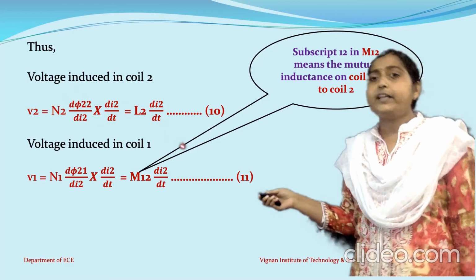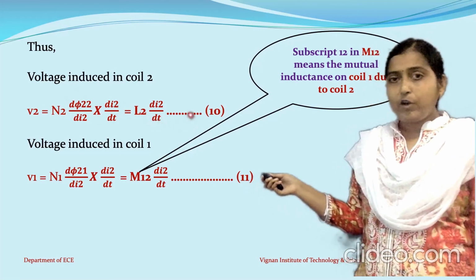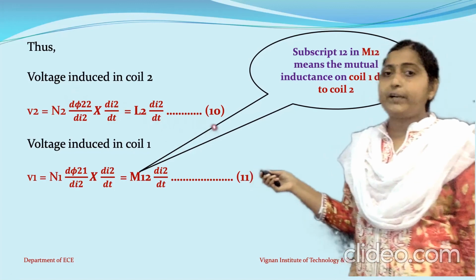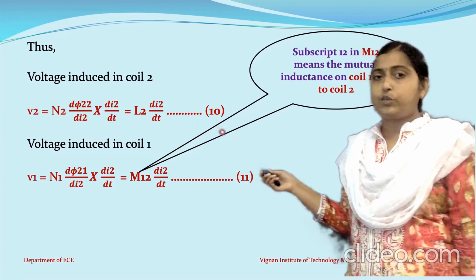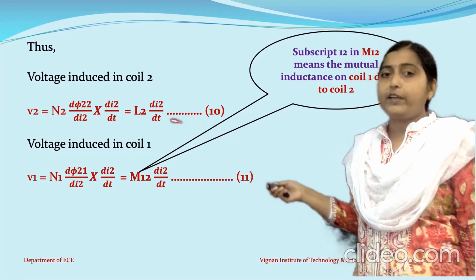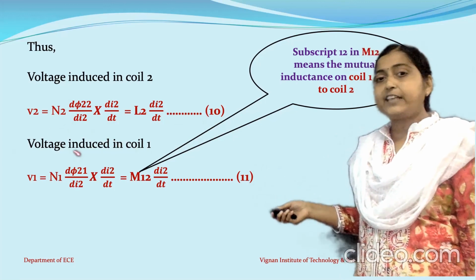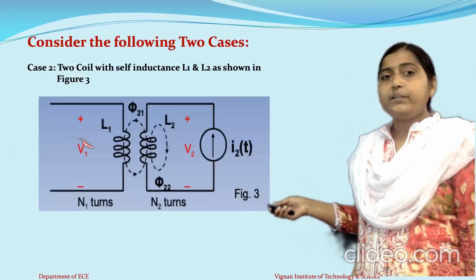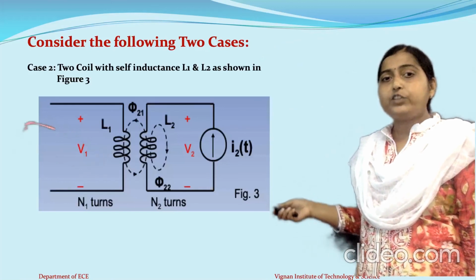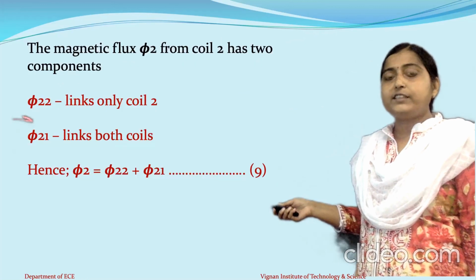Now, as we are applying a current at the second coil, because of this current some flux is linked with the first coil, which is phi 21. Because of that phi 21, some voltage is induced in the first coil. So let us calculate what this gives us.